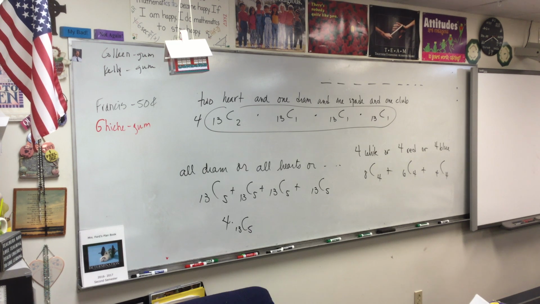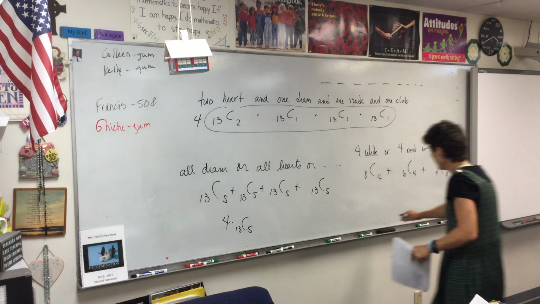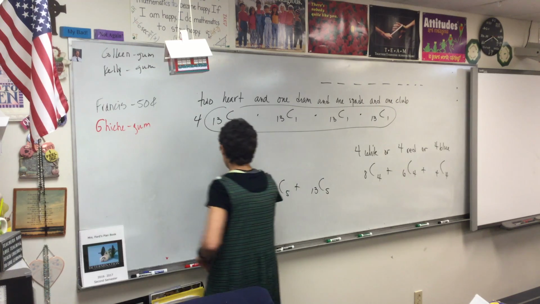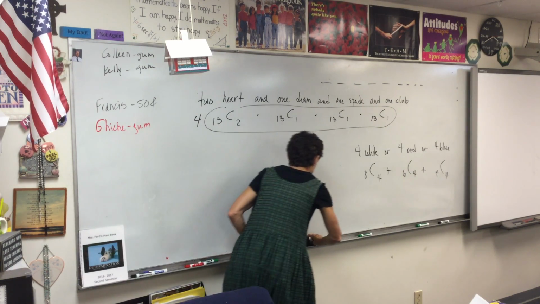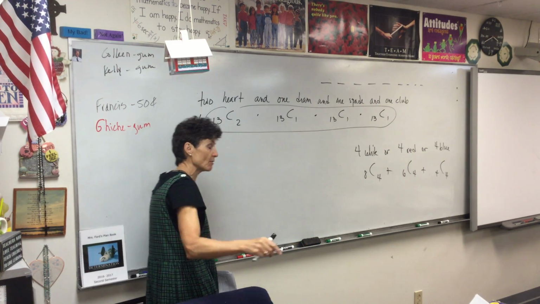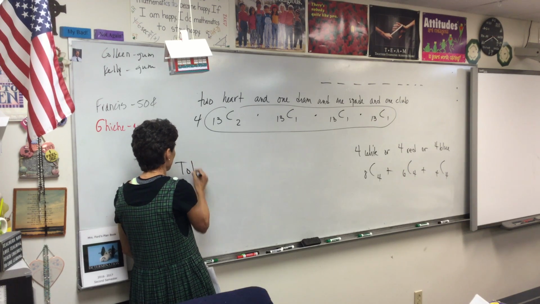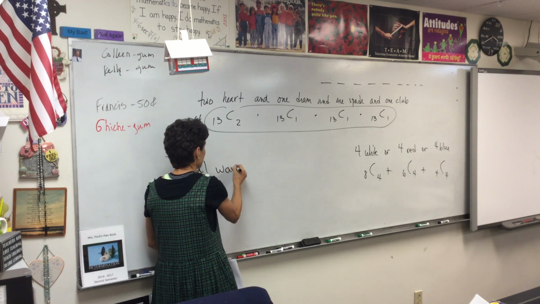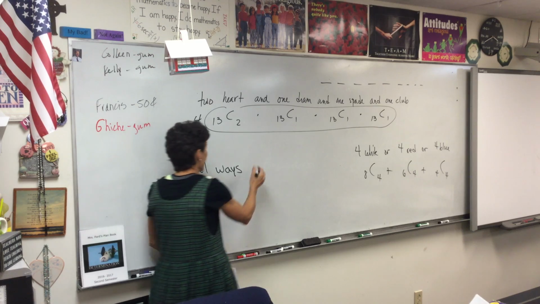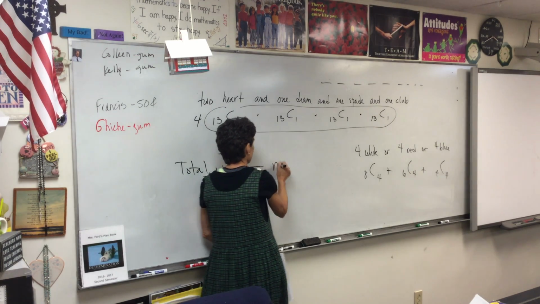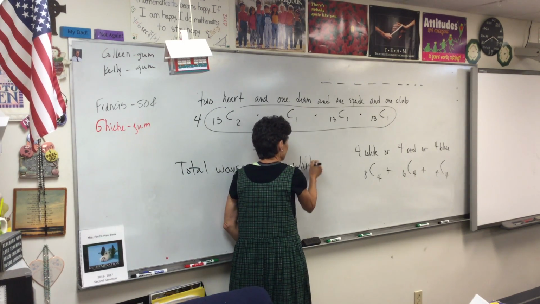But that is the only other case, isn't it? So instead of doing 1 white, 2 white, 3 white, 4 white, etc., I'm going to take the total ways of picking 7 marbles, and I'm going to subtract the ways of getting no white.